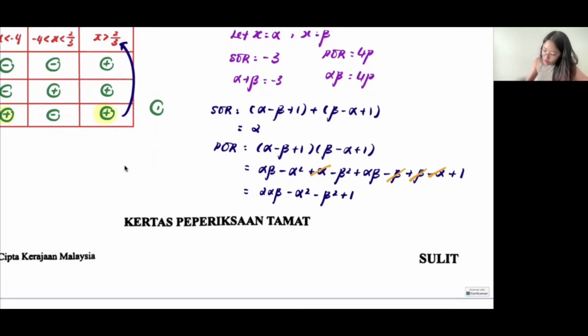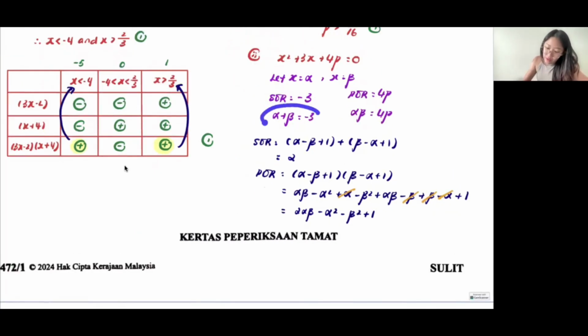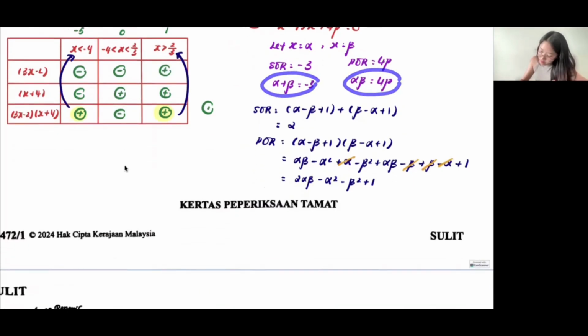All right, so our information bank over here is alpha plus beta equals negative 3, and alpha times beta is 4p. So we try to get these two. 2 alpha beta, alpha beta is 4p. You can substitute first if you want to. Then behind here, be very, very careful.